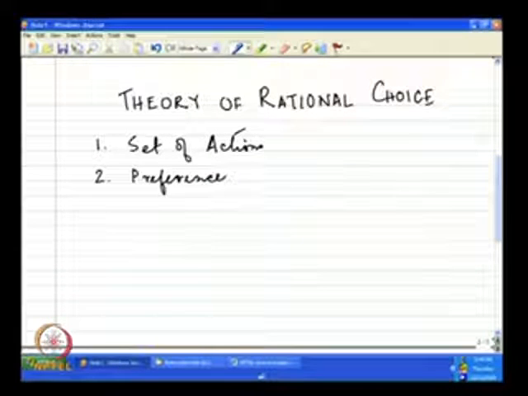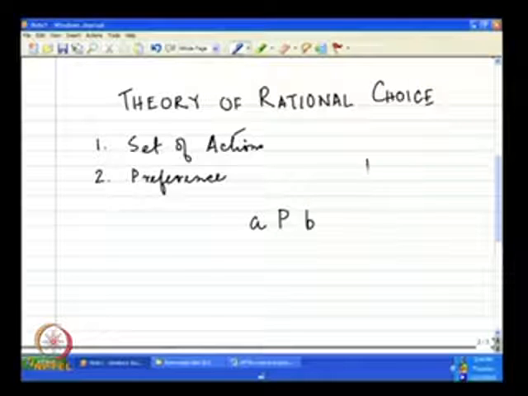What does one mean by preference? It means that given the actions that he can take, what action he prefers to others. And there can be maybe n number of actions that he can undertake. So it means that he has an idea that if two actions are presented to him, suppose A and B, whether he likes A to B, written as A P B, where P means preferred to.